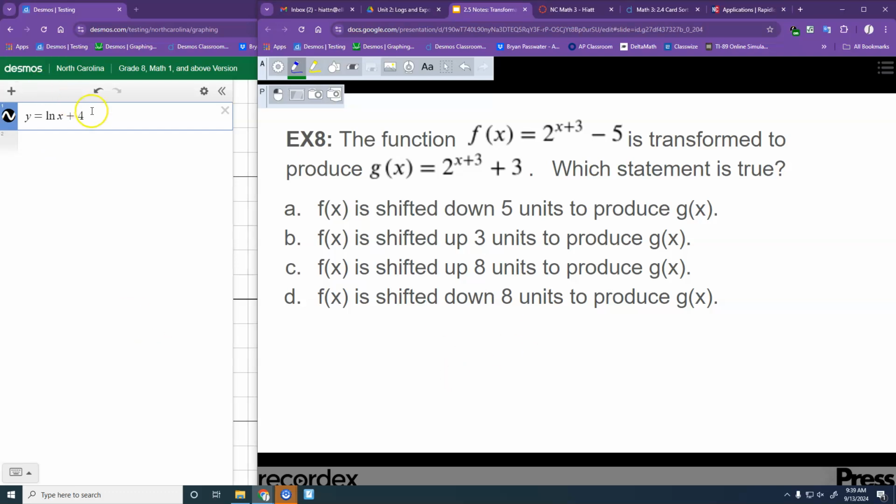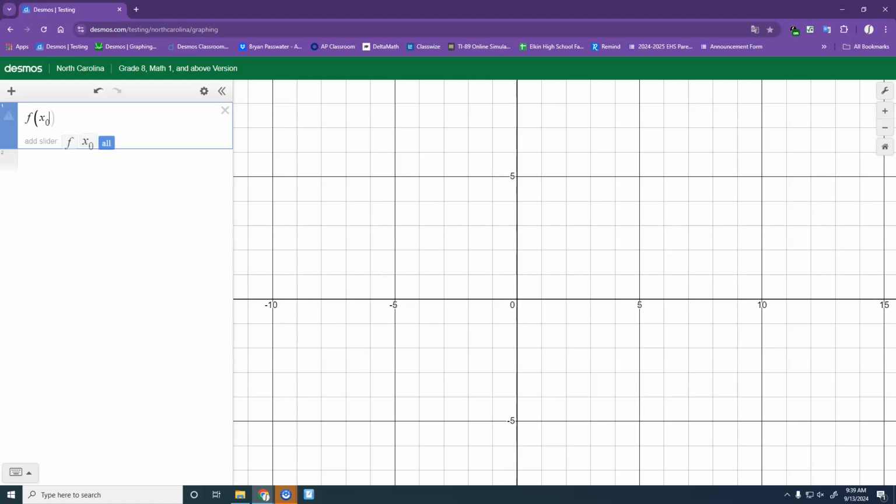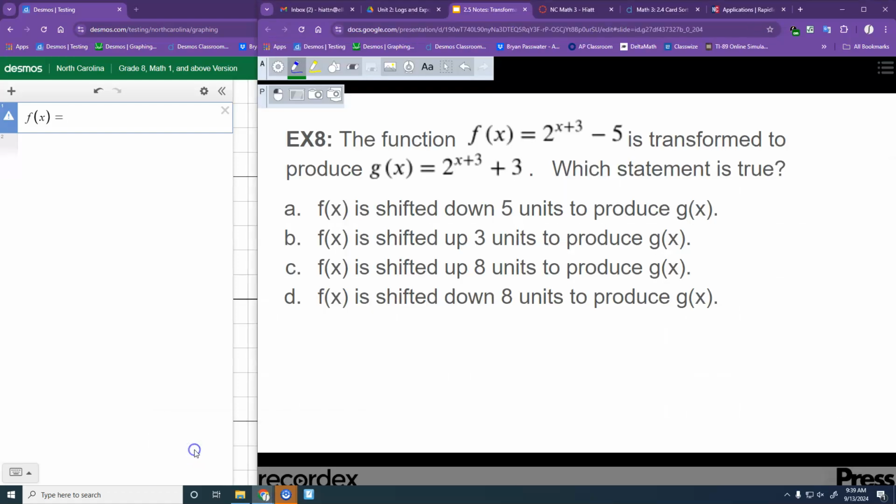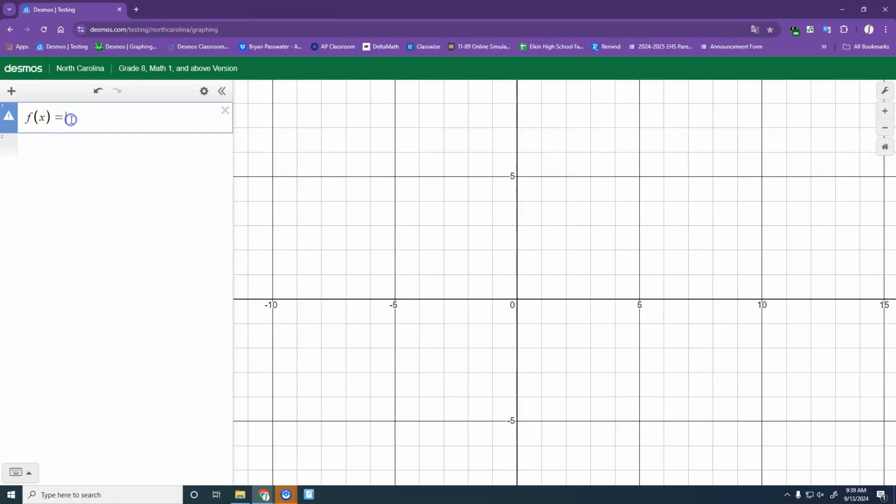All right, I'm going to type these in. F of x equals 2 to the x plus 3 minus 5.